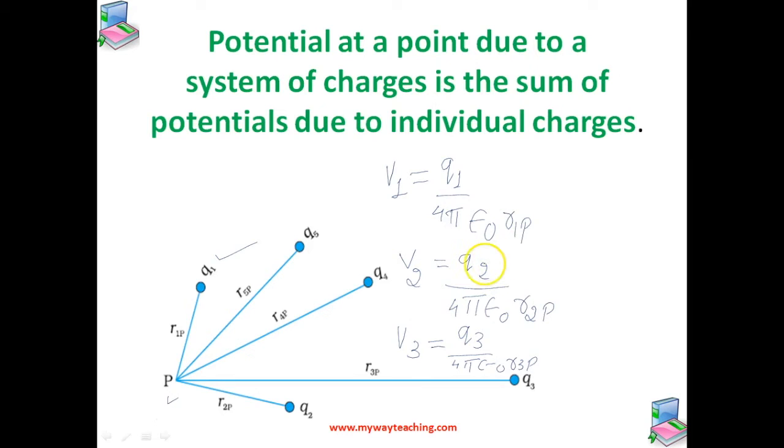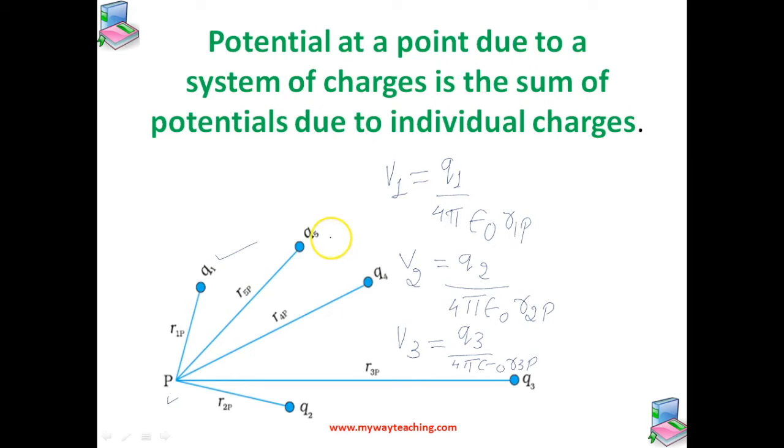And by the superposition principle, we know that the potential V at the point P due to the total charge configuration, due to all the charges in the system, is equal to the algebraic sum of the potentials due to individual charges, isn't it?